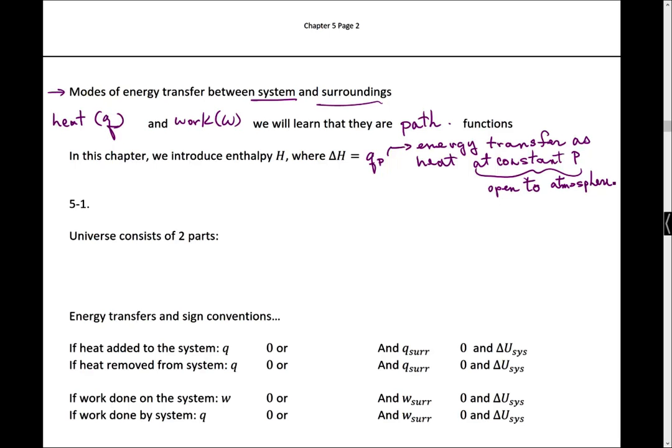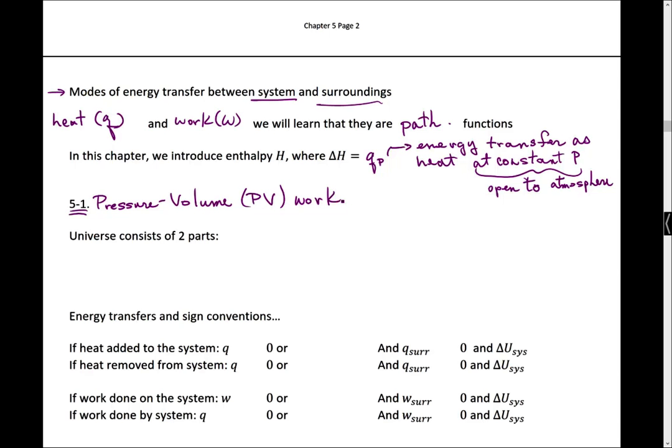Okay? All right. Section 5.1. Oh. All right, so in section 5.1, we're going to be talking about pressure volume work, or PV. Right?